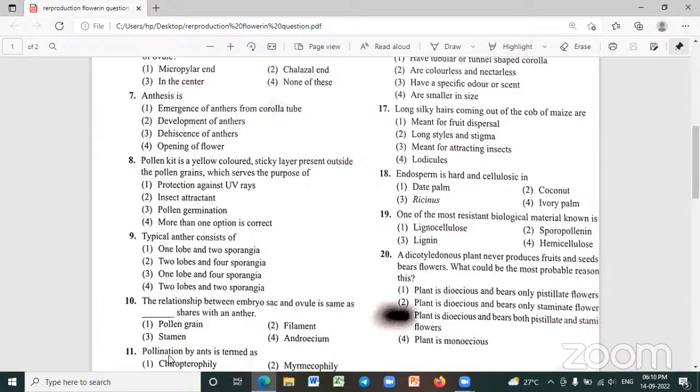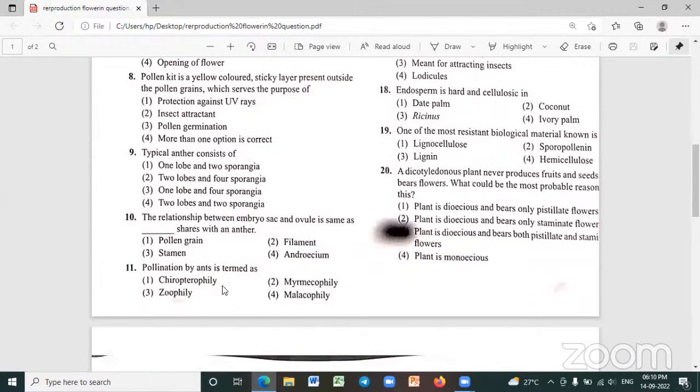Already we know, pollination by ants is termed as: chiropterophilic, myrmecophilic, zoophilic and malacophilic. Chiropterophilic, what is the meaning? Bat. Myrmecophilic is ant, so the answer is B. Zoophilic is nothing but animals, all the animals, human beings also being one of the animals.